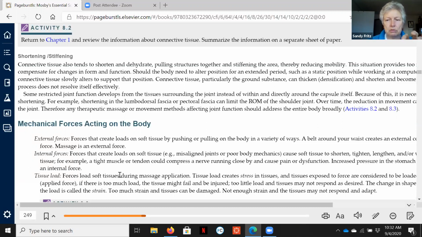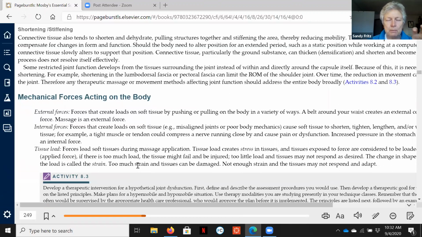And sooner or later, if there's too much of that, the tissue will break or become injured. So we have to pay attention to that sweet spot when we're doing massage, that we load the tissue in order to encourage change, but we don't overdo it.